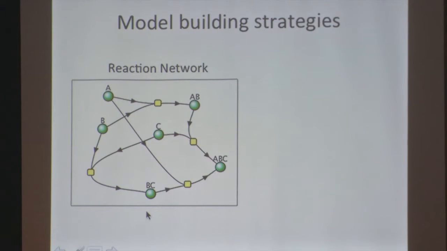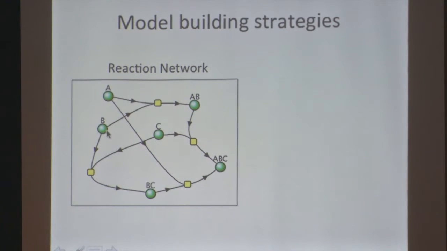What are some of the modeling strategies that you can use? Well, you can build a reaction network. So this is a simple reaction network for a system where molecule A interacts with molecule B to form a dimer, AB. B can then interact with C to form ABC.